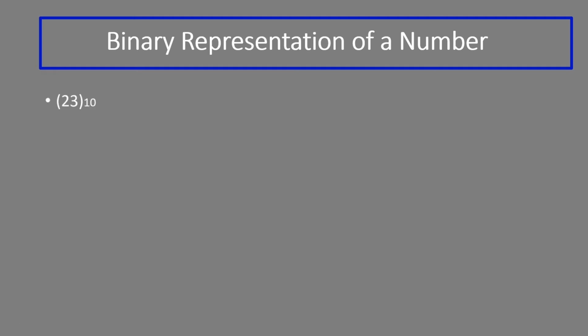So this is 23, which is a number of base 10. We want to convert this number into base 2. We all know that any number of base n can be written with the digits from 0 to n minus 1. If it is of base 10, then we can write the numbers with digits from 0 to 10 minus 1, which is 9.